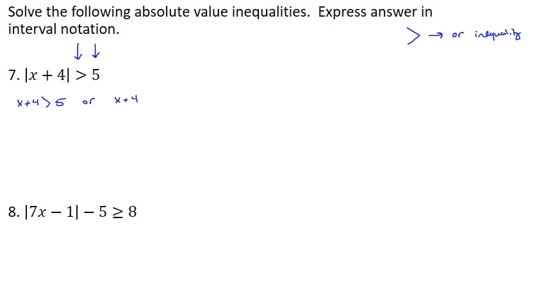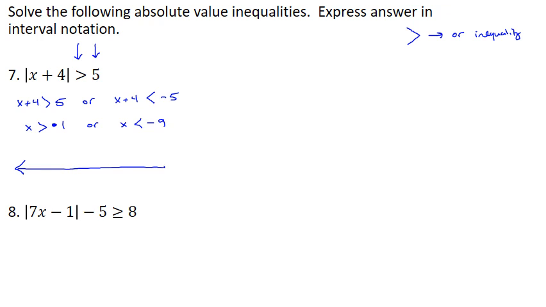So then it becomes or x plus 4 could be less than negative 5. As we saw earlier today, solve both of these separately. The first one, if you subtract 4, x is greater than 1. Or if you subtract 4 from the other one, x is less than negative 9.